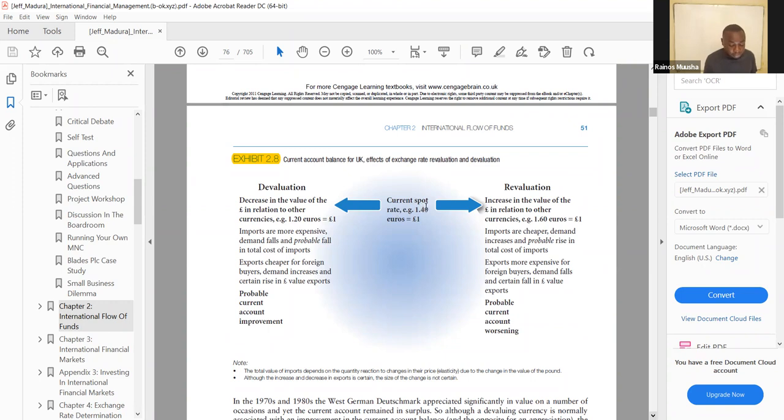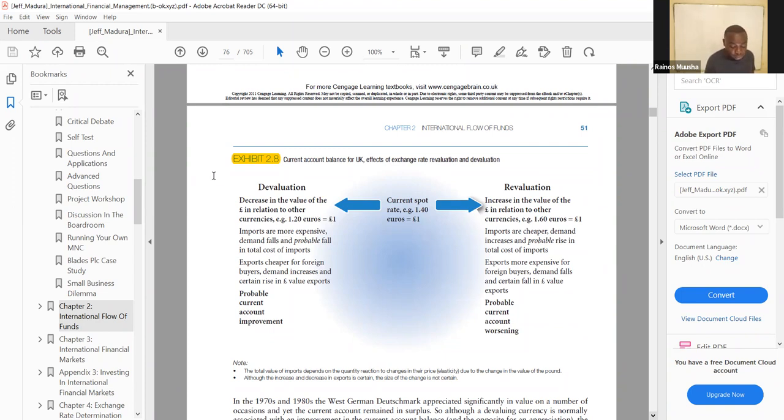So if the pound depreciates, we need fewer euros for the British pound. Initially we need 1.4 units of the euro to get 1 British pound. Now we need only 1.2 euros. The moment we need less of the foreign currency, it means our currency is depreciating against that foreign currency.